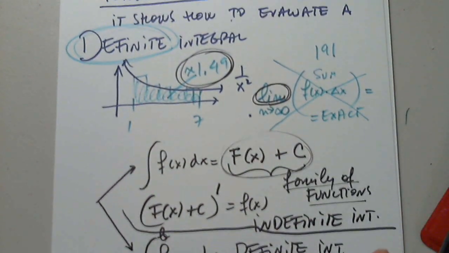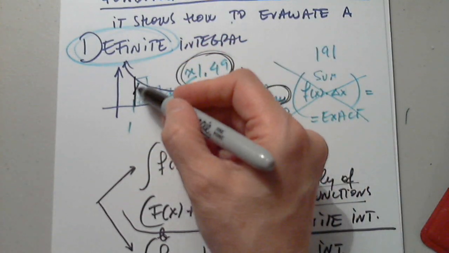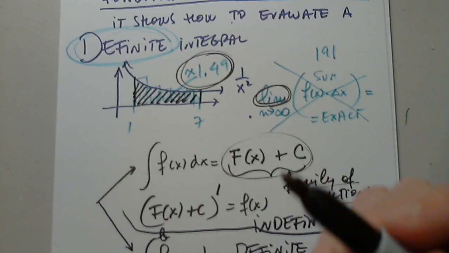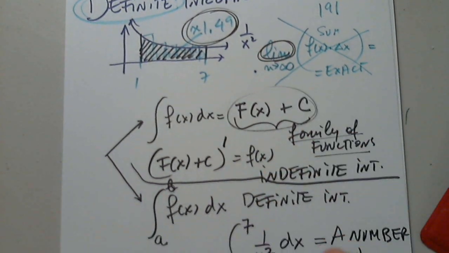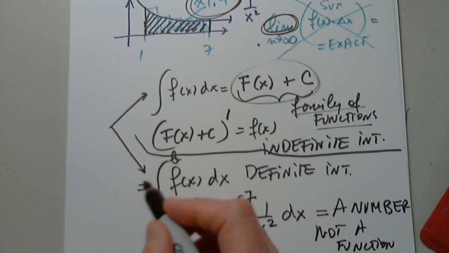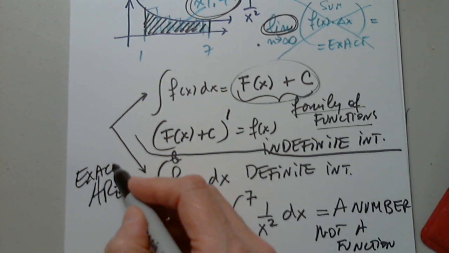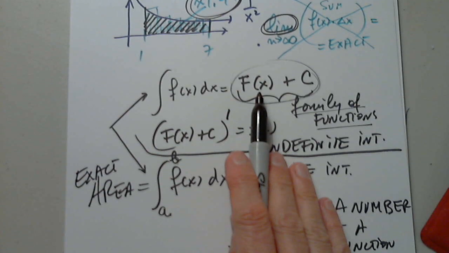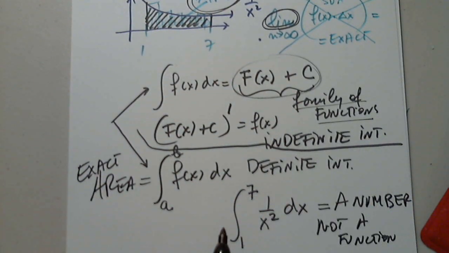This one says, find the exact area between 1 and 7 under the graph of 1 over x squared. So this is also the area, the exact. This is not an area. This is a general case, an indefinite integral, family of functions.